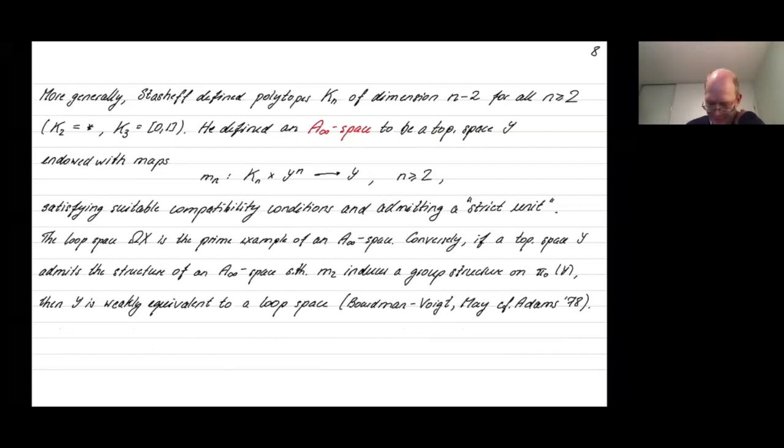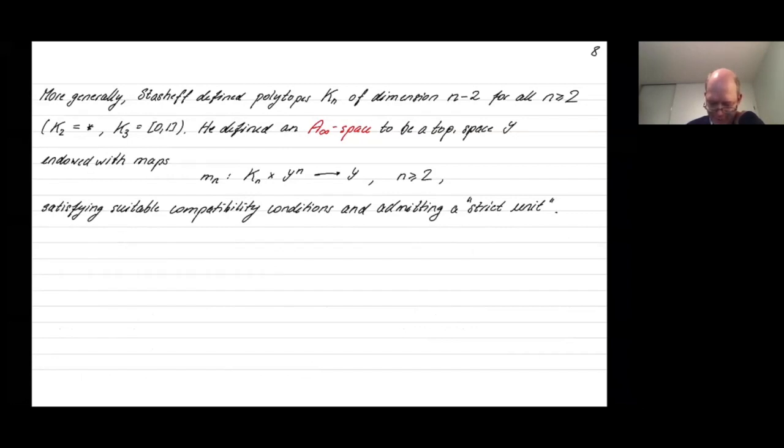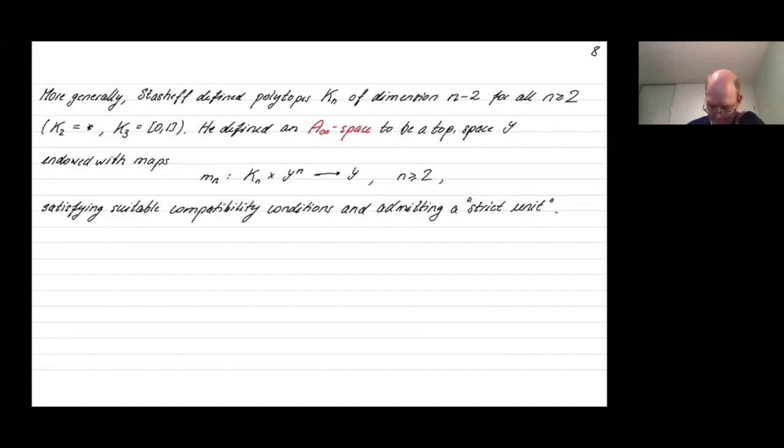Well, it starts from the example of the loop space. Imagine Y is a loop space. Then we have this binary operation, just one binary operation parameterized by a point.